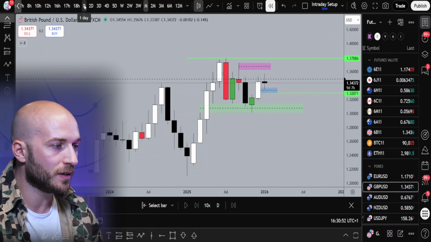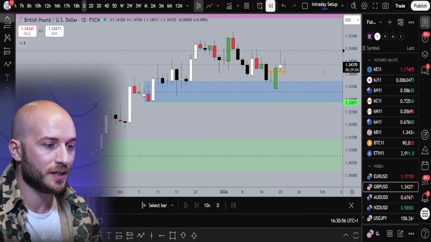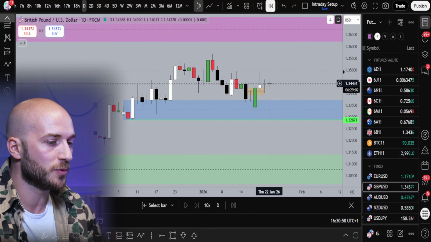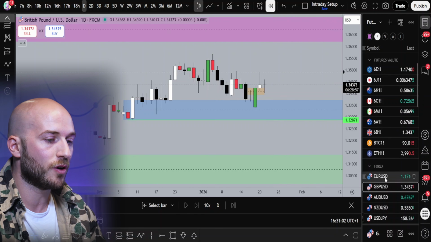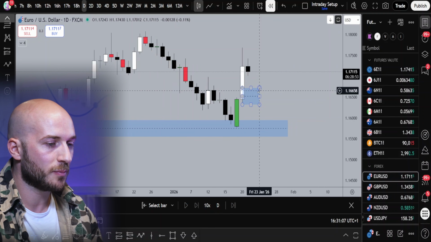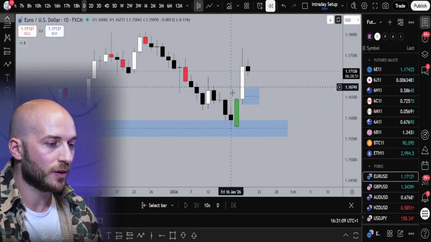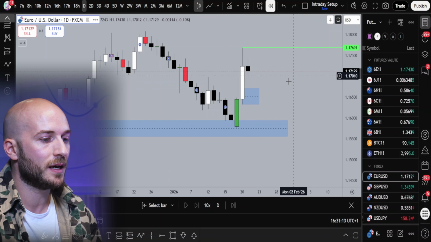And I'm going here on the daily. I try to catch some long position right here. It depends on how this candle close, but I'm looking for long on GBP or long on euro dollar, because look at this on the daily. For example, this candle closed above the high of the previous one. So this is my bias.